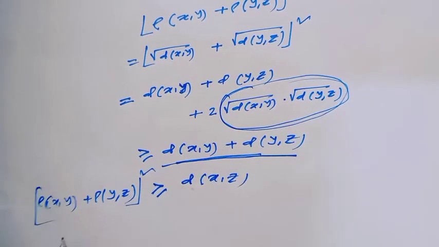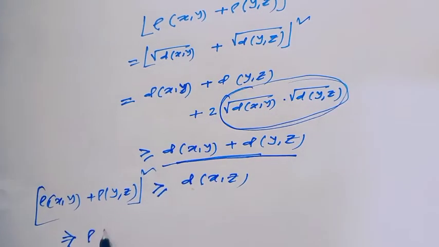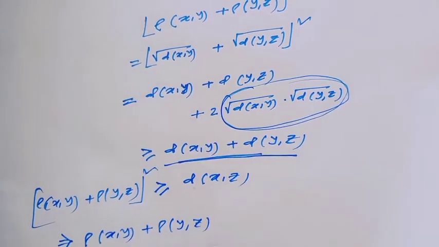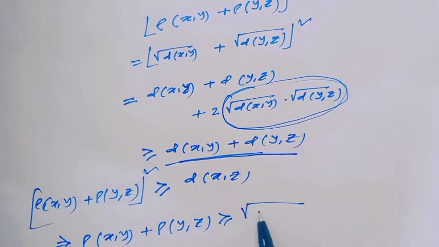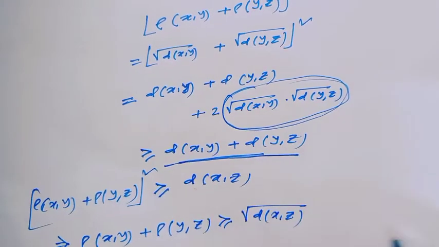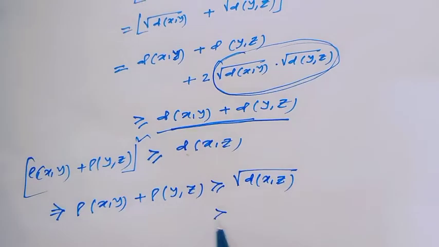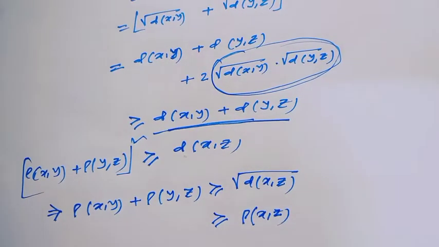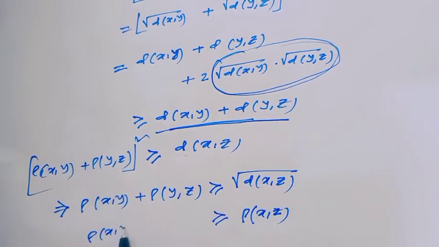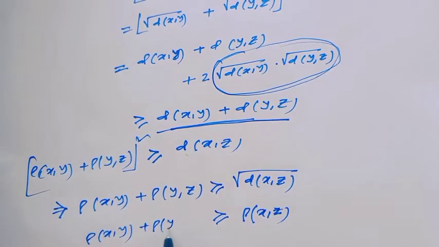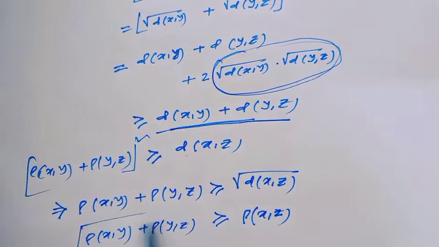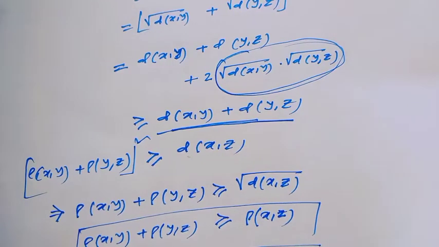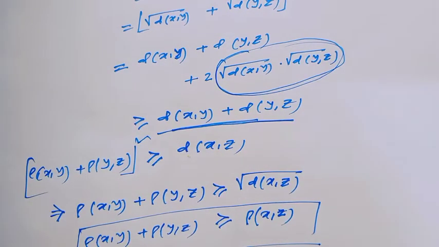This implies rho of xy plus rho of yz is greater than or equal to the square root of d of xz, and the square root of d of xz is nothing but rho of xz. That means rho of xy plus rho of yz is greater than or equal to rho of xz. So obviously the triangle inequality is satisfied here.